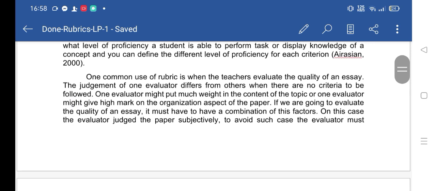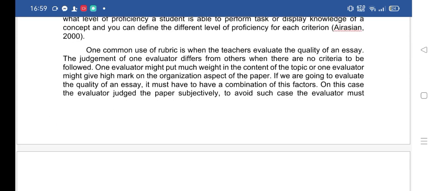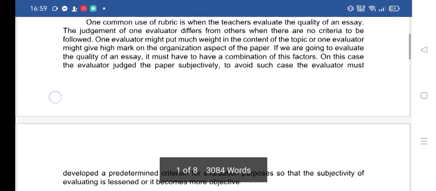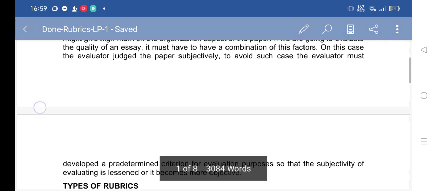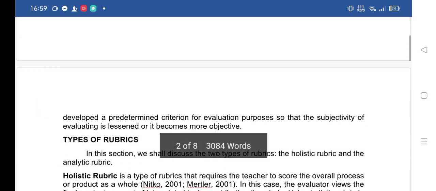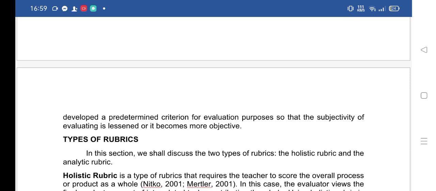One common use of rubric is when the teacher evaluates the quality of an essay. The judgment of one evaluator differs from another when there are no criteria to be followed, for example on the organization aspect of the paper. If we were going to evaluate the quality of an essay, it must have the combination of these factors.